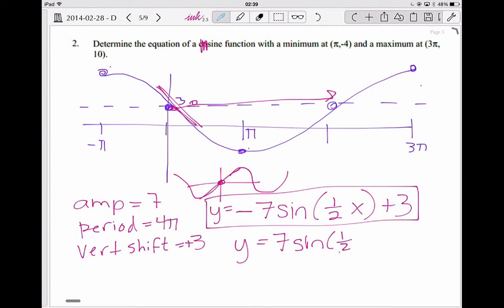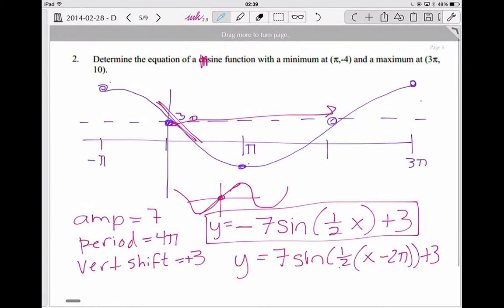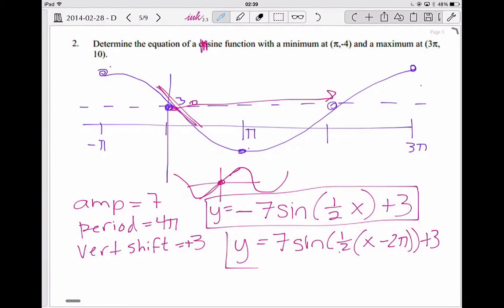Since I do have a phase shift this time, I'm going to go ahead and factor that out. And I said that I scooted to the right 2 pi, so that's minus 2 pi. Plus 3. And these are exactly the same graph, but two different ways of describing it.